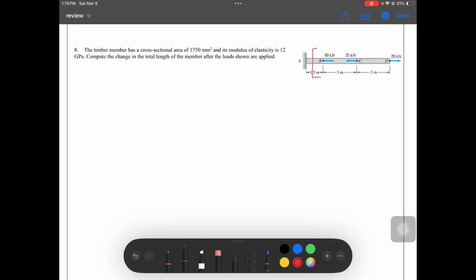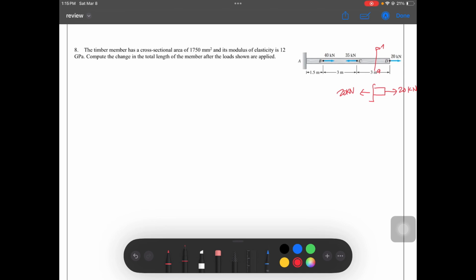So, at every point na may change, those cause change sa cross-section. So, kailangan mo section sa mga yon. So, gawin muna natin yung section A. So, to be in equilibrium, reaction ng CD ay 20 kilonewton din.